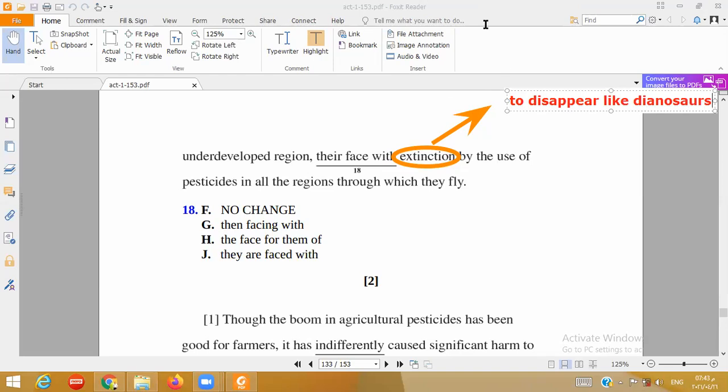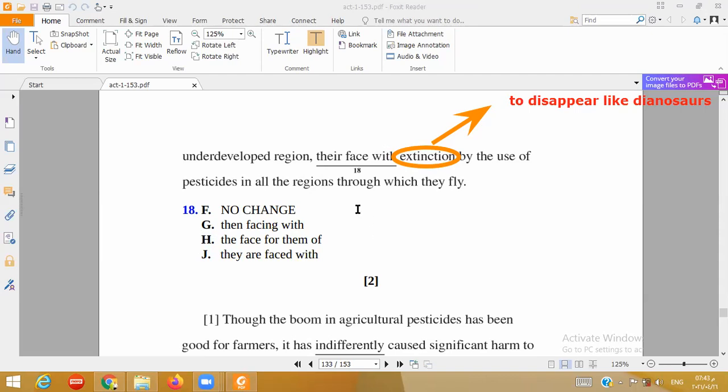Dinosaurs unfortunately have become extinct, right? They disappeared a long time ago. And the Egyptian vulture has the same problem: it is facing extinction. So here, "they're faced with extinction" is not correct.